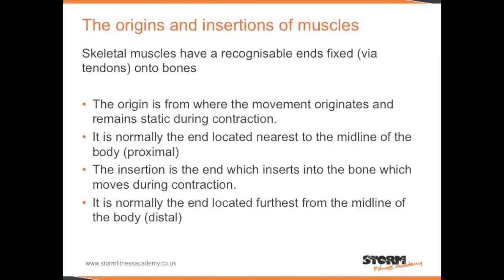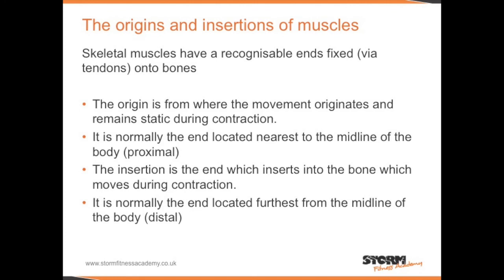The origins and insertions of muscles. Skeletal muscles have recognisable ends fixed via tendons onto bones. The origin is from where the movement originates and remains static during contraction. It is normally the end located nearest to the midline of the body, also known as proximal.